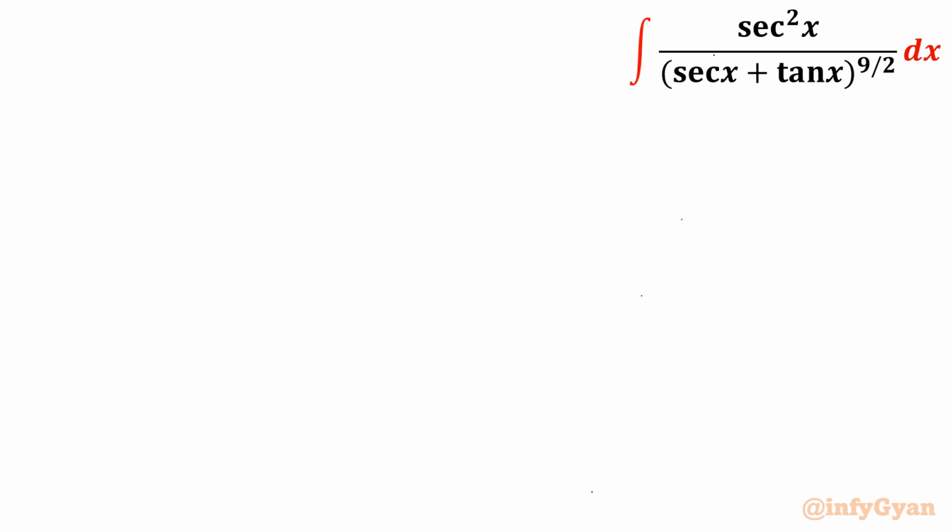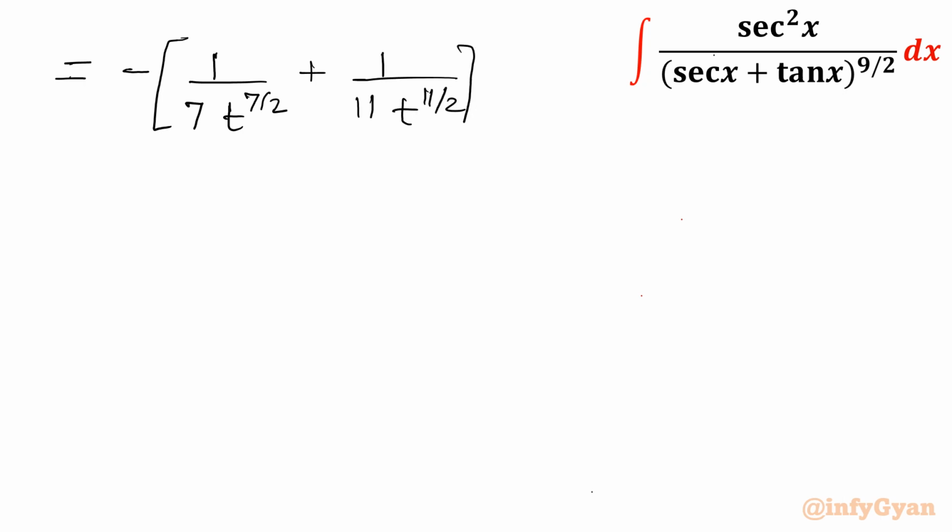Now we will take our negative exponents to the denominator, so it will become minus 1 over 7 t raised to the power 7 over 2 plus 1 over 11 t raised to the power 11 over 2, plus integration constant k as usual.